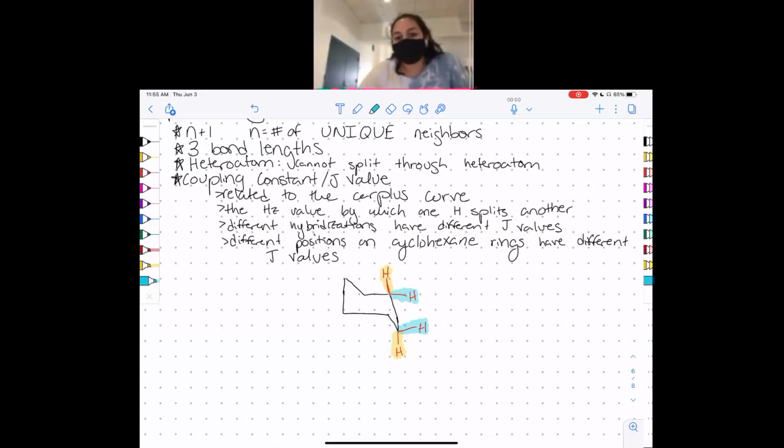So these different hydrogens are going to have different J values between them. For example, this axial one is going to split this equatorial one at a different value than it's going to split the other axial. So does anyone remember any of those values?